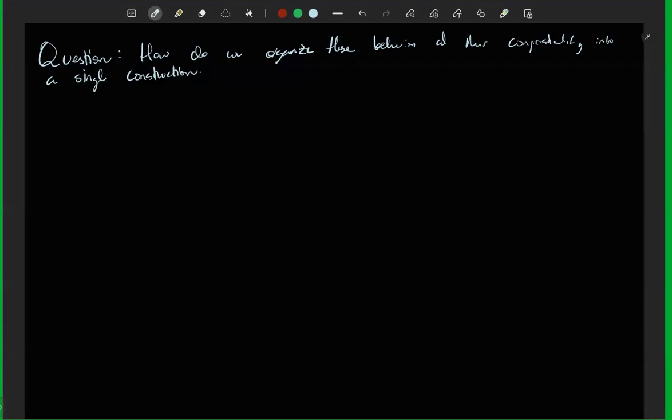For that, we will need this notion of a loose right module. But before we go there, I'm going to talk about what we can actually prove about the compositionality of these behaviors. What do I actually mean by that?